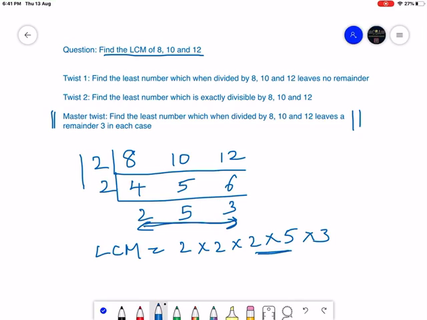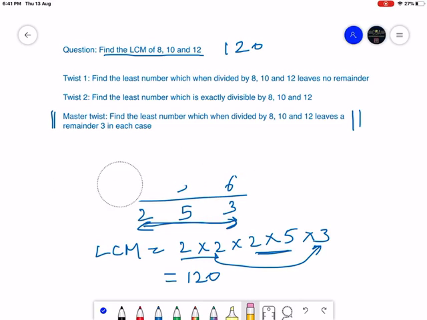You multiply the other numbers and then use your 2 times 5 as 10 towards the end. That will keep your multiplication easy. So you do 2 times 2 is 4, and 4 times 3 is 12. And then you do your 2 times 5, which will give you the LCM 120. So the answer for this is 120.